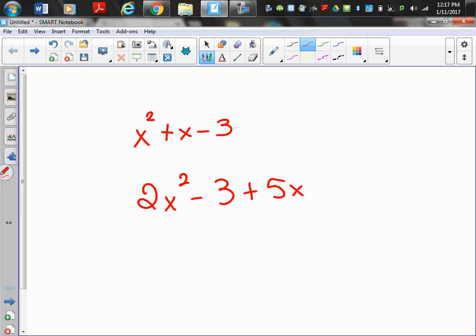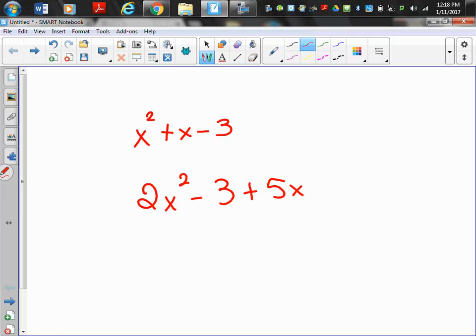Is this one in standard form? Mr. Lee. Is the second one written in standard form? No, ma'am. Why? Because you still got to simplify that 2x squared, don't you? No. Why is this second one not in standard form? Ms. Johnson, what do you think? Because the 5x is at the end.